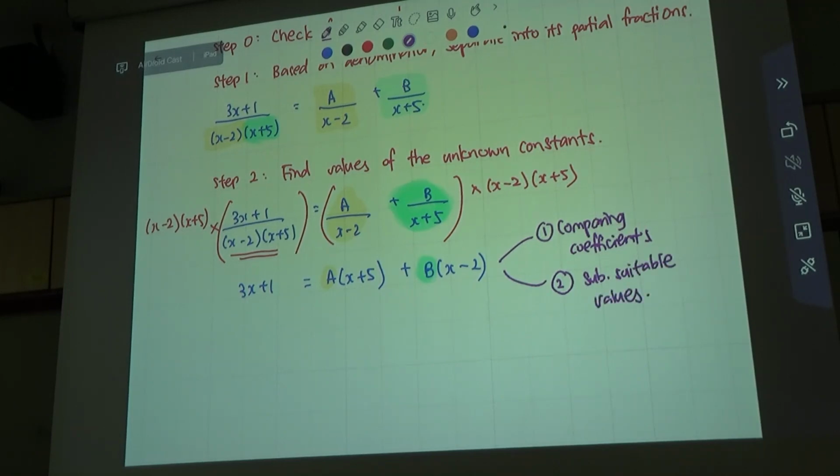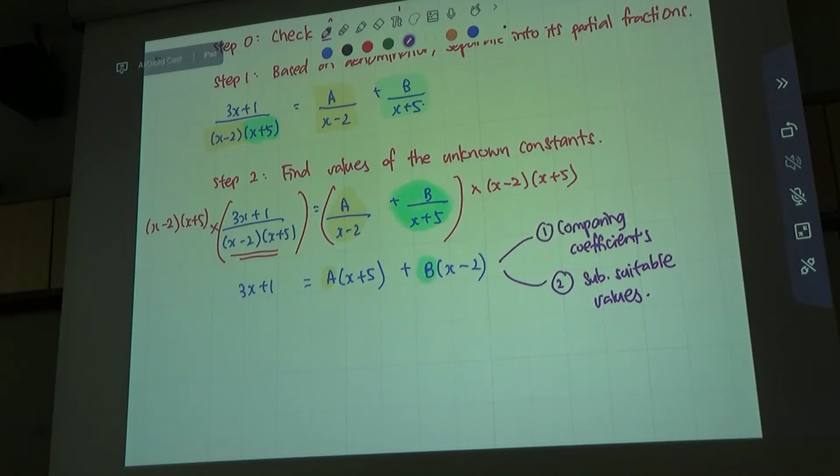Comparing coefficients may sometimes require us to expand everything, which sometimes might lead to careless mistakes. So it may not be the best way to do this question. In fact, there's an easier way, I feel, personally, which is to substitute suitable values.